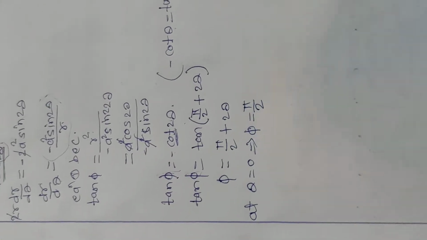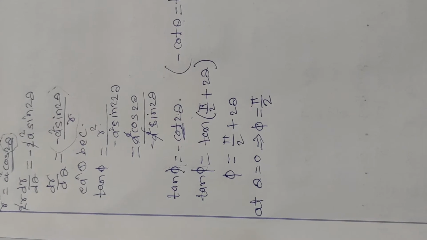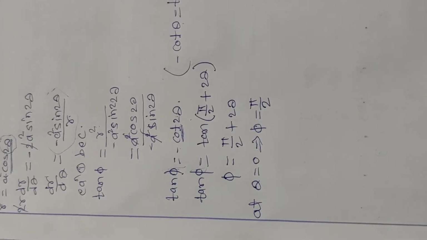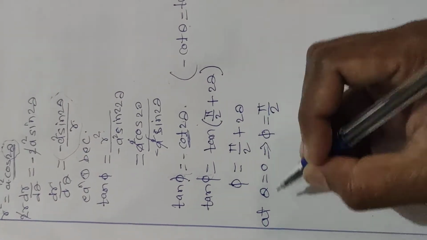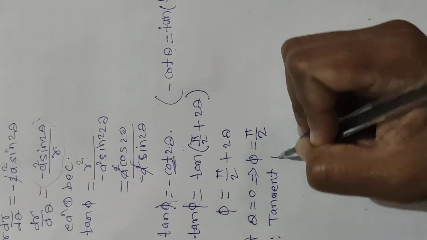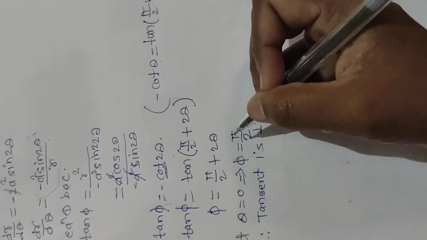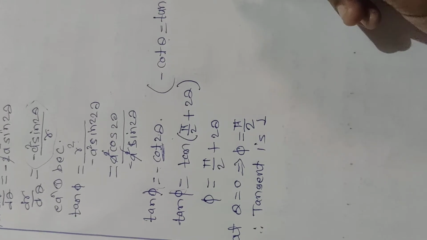That means we have to write down the conclusion. The tangent is perpendicular to the initial line. Okay, see, tangent is perpendicular to the initial line. Therefore here again I will write tangent is, because theta equal to pi by 2 is the y-axis and x-axis is the initial line, right?